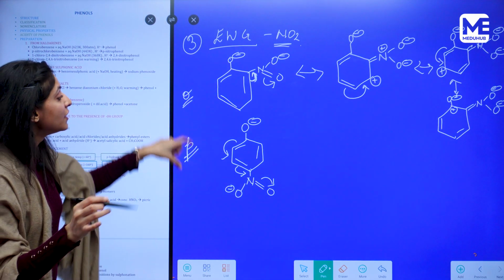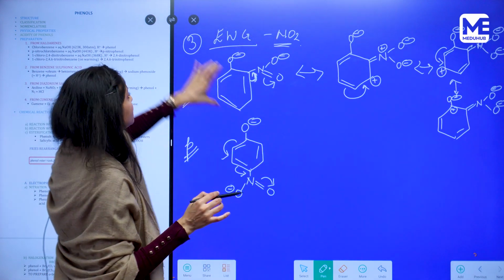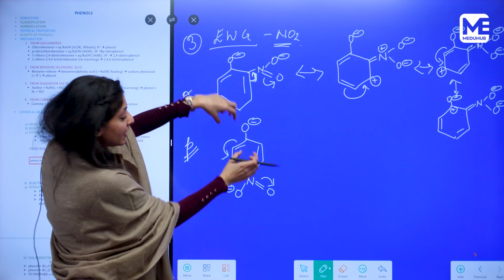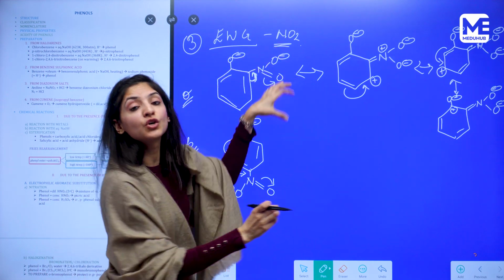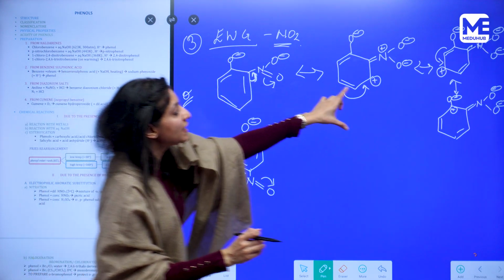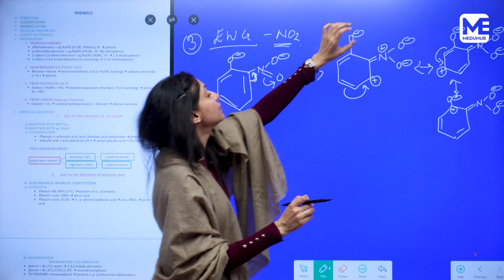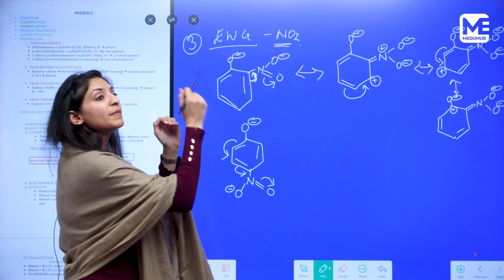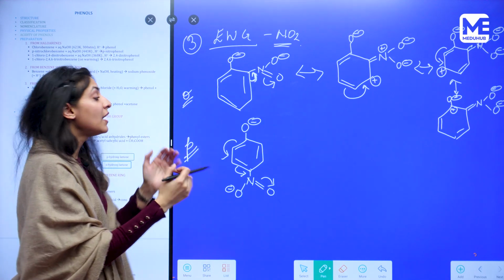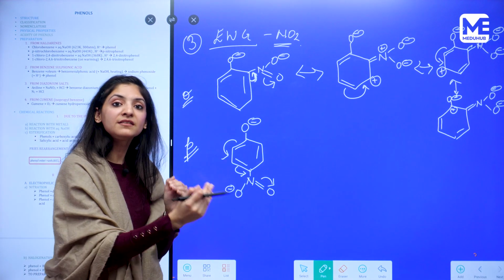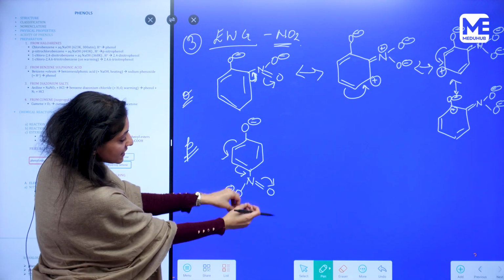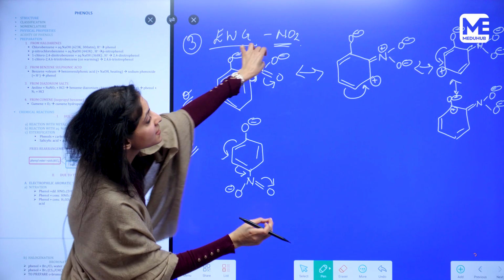So what do you see? You see that in both these cases, in the ortho and para isomers, this group is pulling away the electron density towards itself, which means that the phenoxide ion here is getting stabilized. That is, it is coming into resonance with the ring, and this group is enhancing that effect because it is helping in getting all the electrons towards itself here as well as here.